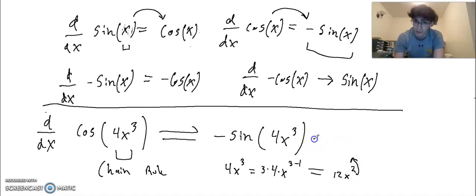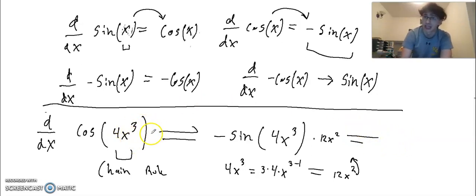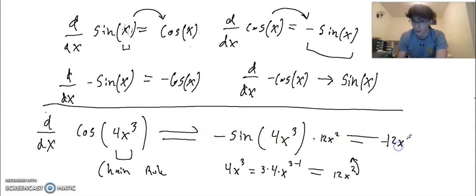So we need to multiply this by 12x squared. So the derivative of cosine of 4x cubed is going to equal negative 12x squared times sine of 4x cubed.